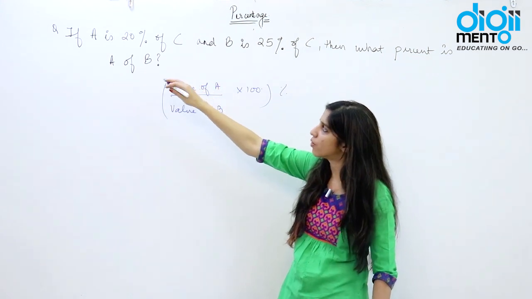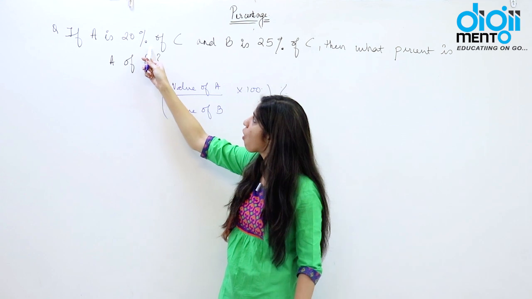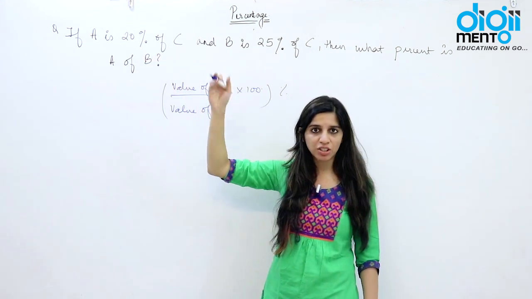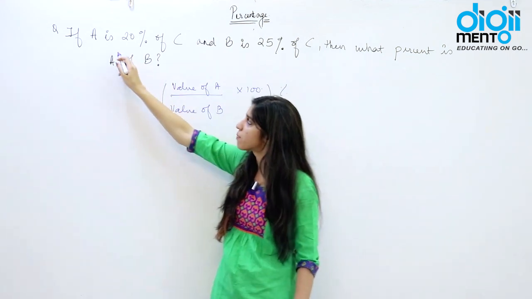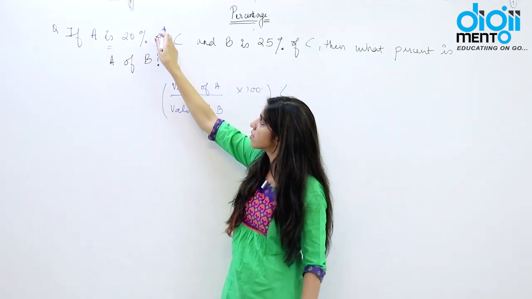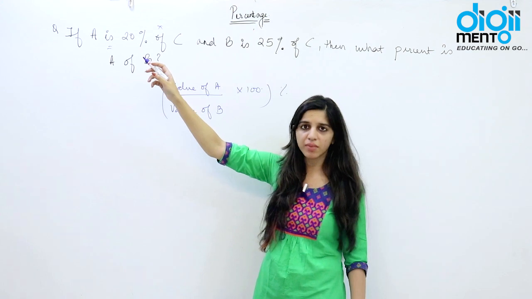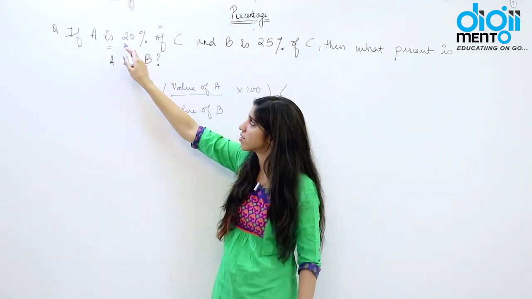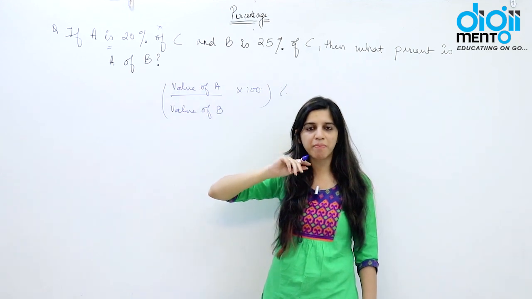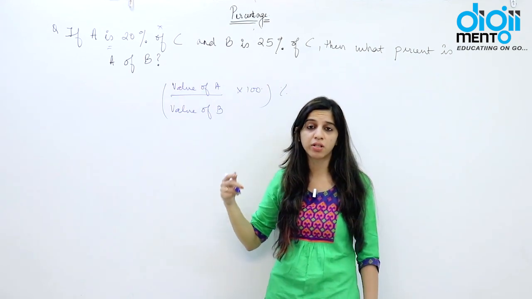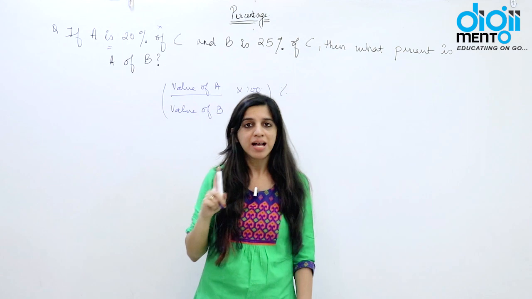All these are actually representing some symbols of mathematics. Is represents equal to, of represents multiplication, percent represents division by 100. So as soon as you get the question, just make some mathematical equations so that you do not even need to go back to the question.